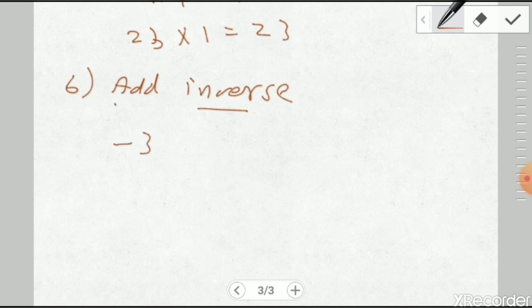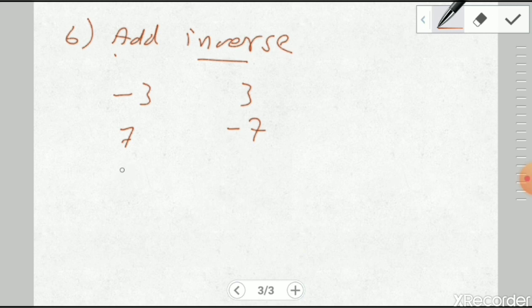If I write minus 3, its additive inverse will be 3. If I write 7, its additive inverse will be minus 7. If I have 63, its additive inverse will be minus 63. That means if we replace the sign, negative to positive or positive to negative, we can say that it is an additive inverse.